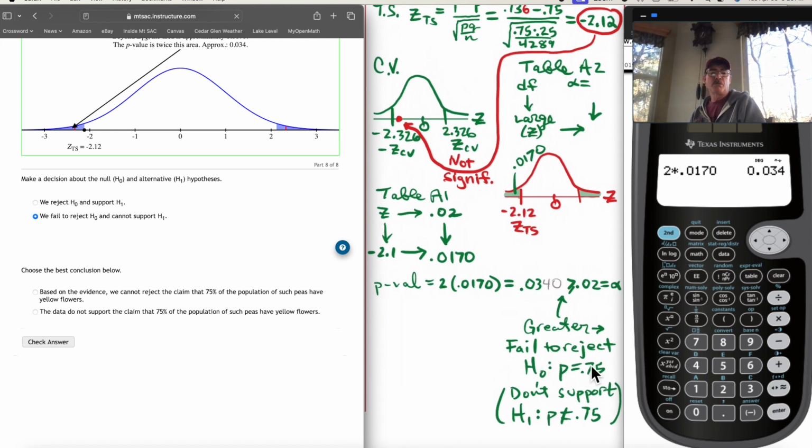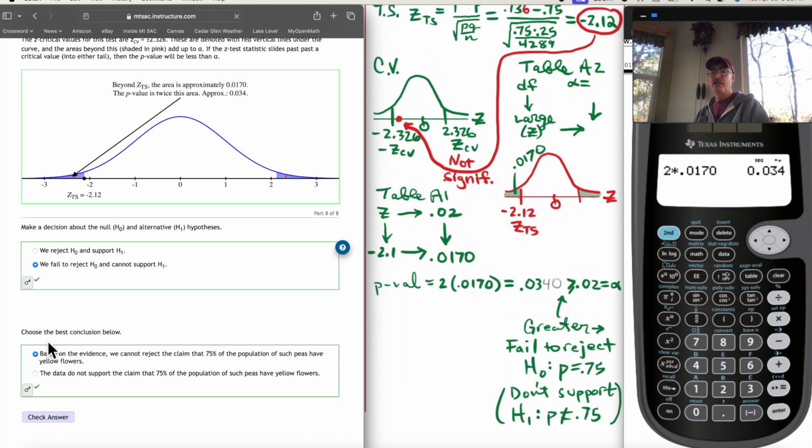So I think that's probably a good way of saying it. Don't say that Mendel's right, or even that we support him. It's just that the data that we have here is not sufficient to reject it. So based on the evidence, we cannot reject the claim that it was 75%. That's failing to reject the null hypothesis. Okay. And that's it.